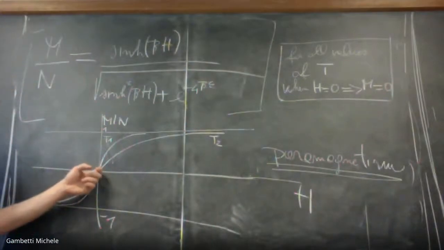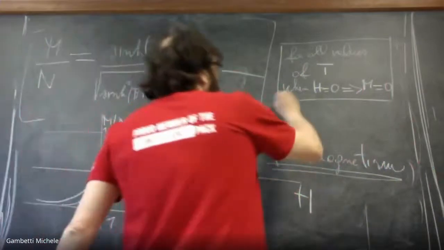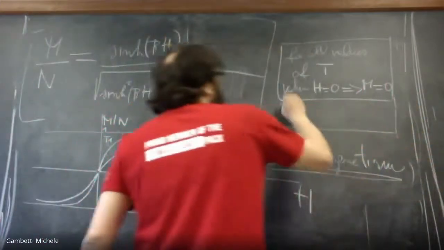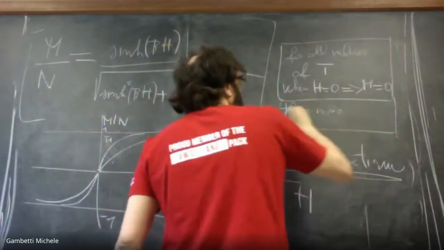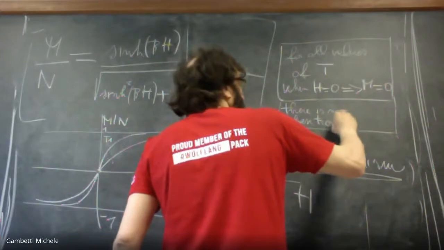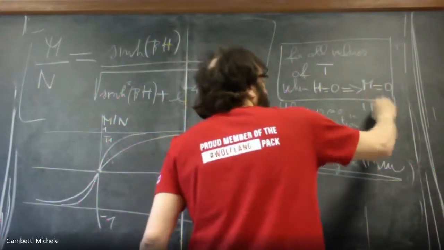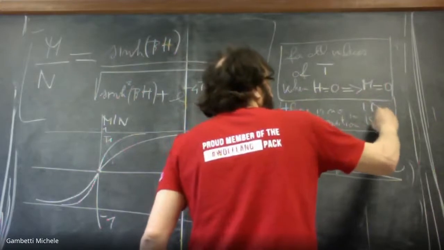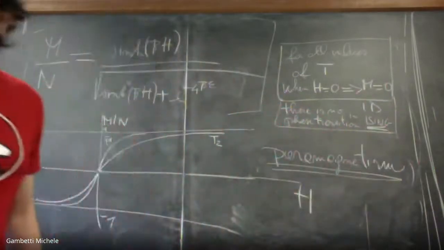They go through m equals 0 for all the cases. So this means that there is no phase transition in this case. There is no phase transition in the 1D Ising model. Okay, this is an important remark.